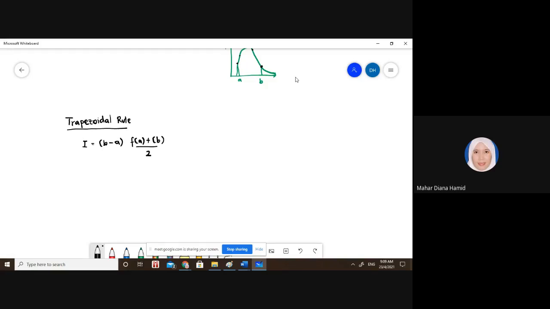And this formula actually corresponds to the value of the width, and this would correspond to the value of the average height.